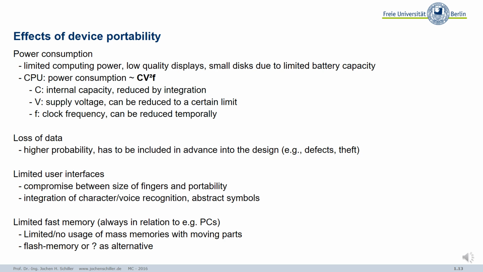So, okay. But we still have limited user interfaces, so we have to use different symbols, emojis, etc. And then we still have problems of limited fast memory. Yes, the mobile devices, I don't know, we have 64 up to 200 gigabyte SD cards now, 200 gigabyte for a mobile phone, plus integrated some gigabytes.